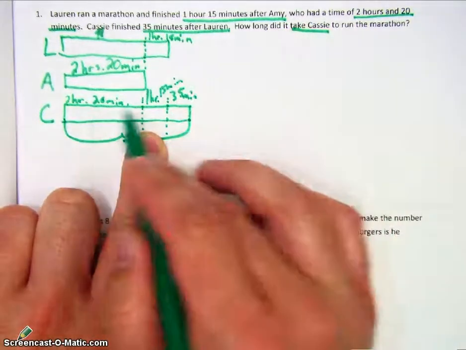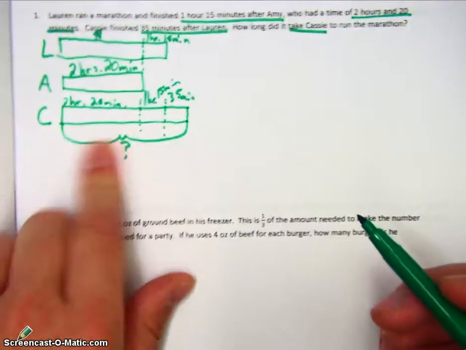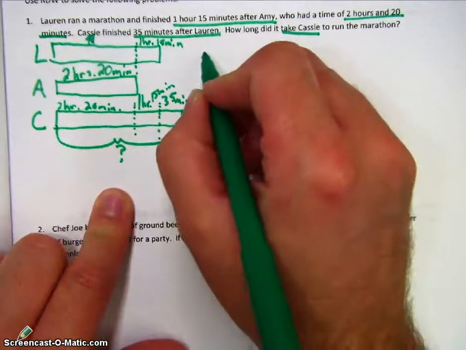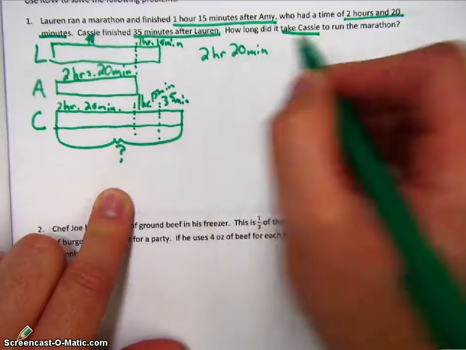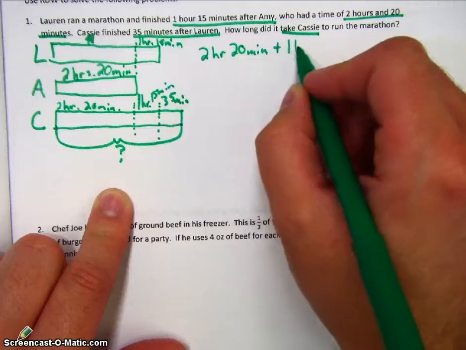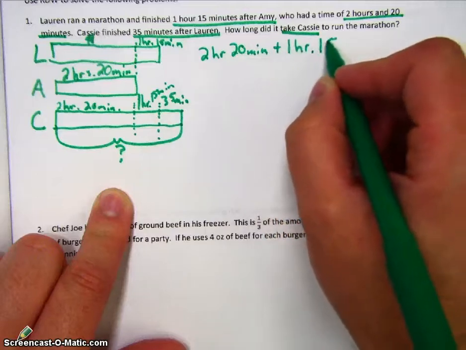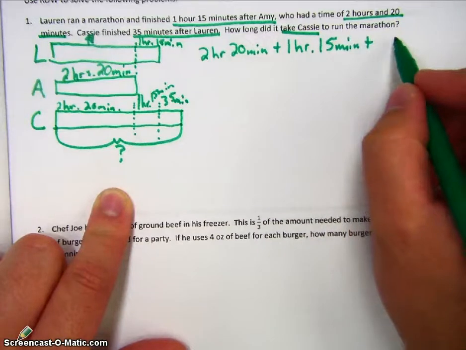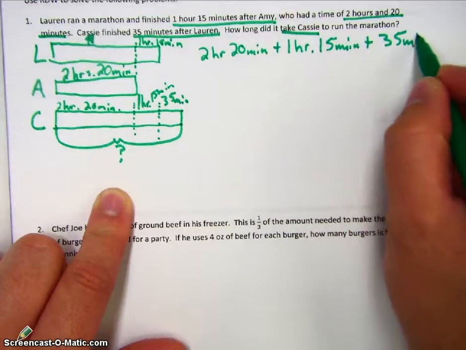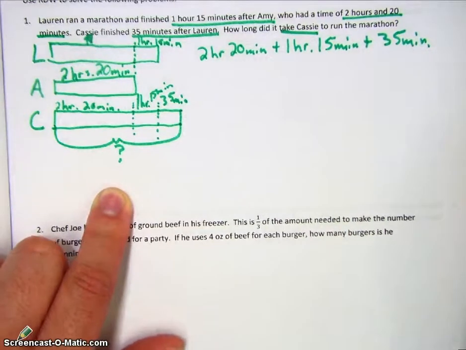So now we have measurements for all three sections, so we can just add those up to get to Cassie. 2 hours 20 minutes of Amy, 1 hour 15 minutes from Lauren, and then another 35 minutes for Cassie.